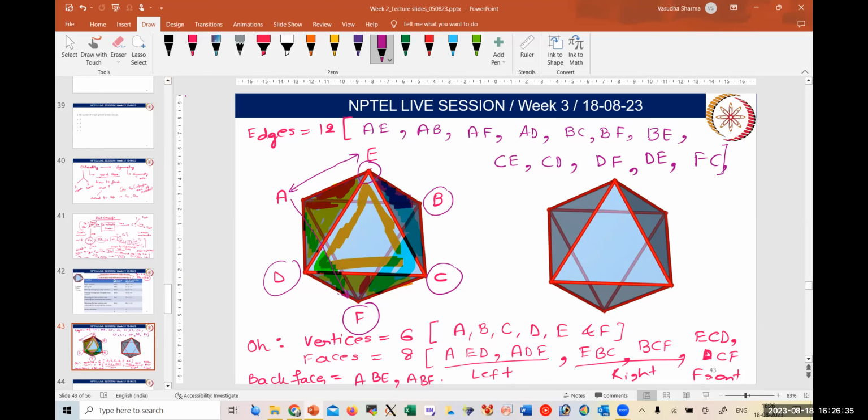Since it has 6 vertices, is C6 possible? No, because that 60-degree rotation will not give you the equivalent orientation. So then we have to see whether anything below that is possible. We will check C4, and C4 will pass through the opposite vertices.